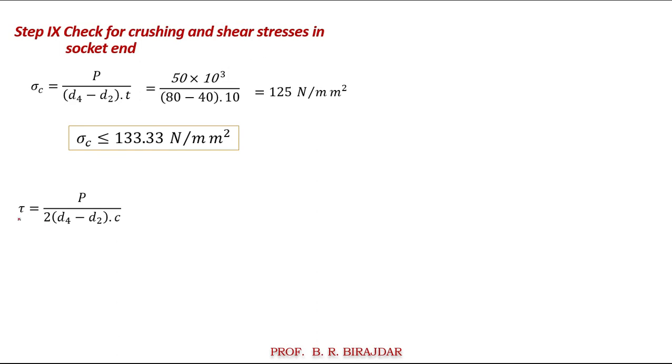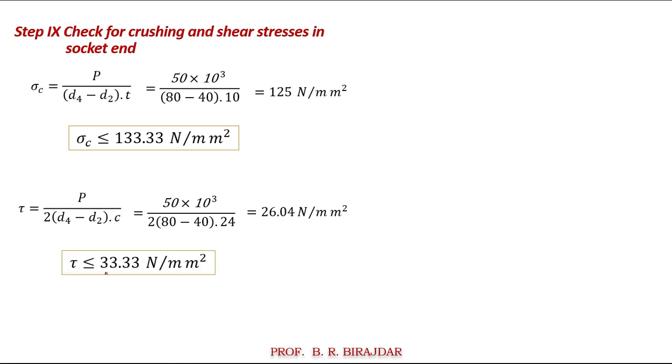Similarly, we will find out the shear stress, that is P divided by twice in bracket d4 minus d2 into C. We will put in all these values and check the induced shear stress, taking the dimensions d4 and d2 which we designed. Then we will get the stress 26.04, but the allowable stress is 33. So the induced stress is less than the allowable, means again this design is safe.